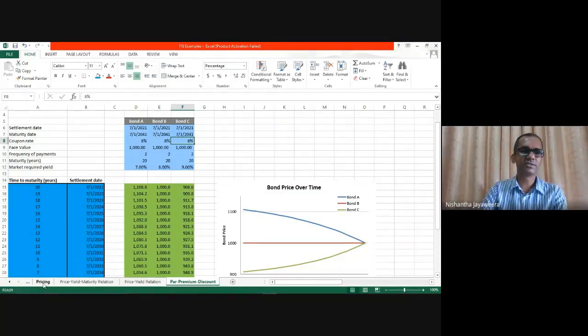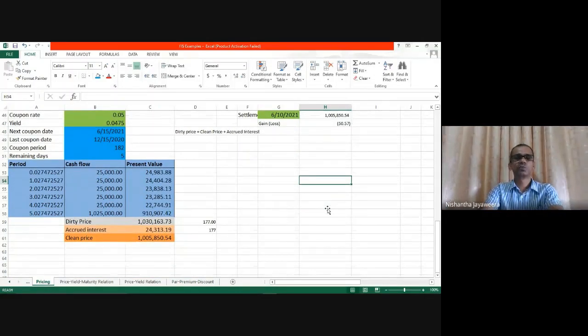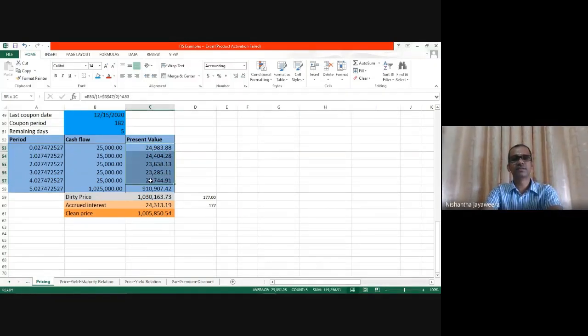Okay, there's another thing. If we go to this pricing, you can see the present value in this, before maturity, the coupon plays a major role. Most of the contribution to the price comes from the coupons, and only at the end you get the face value.